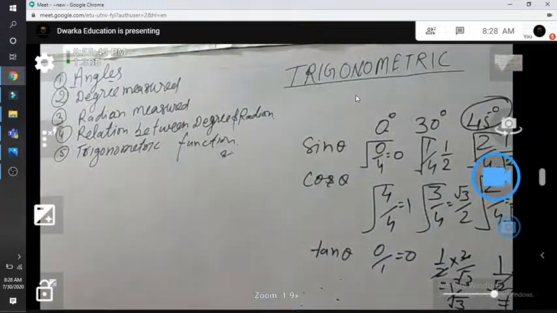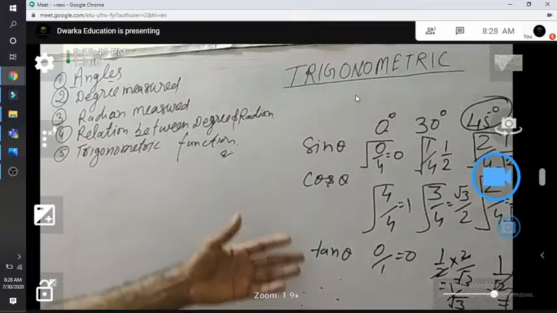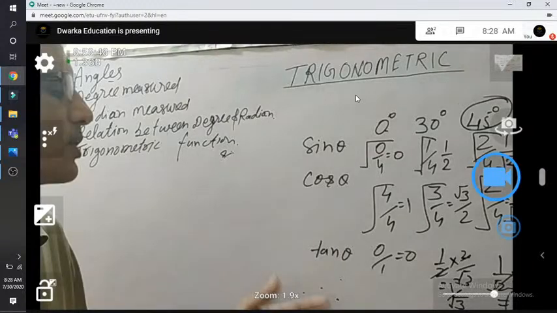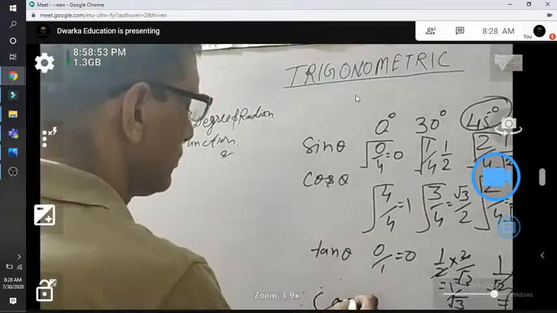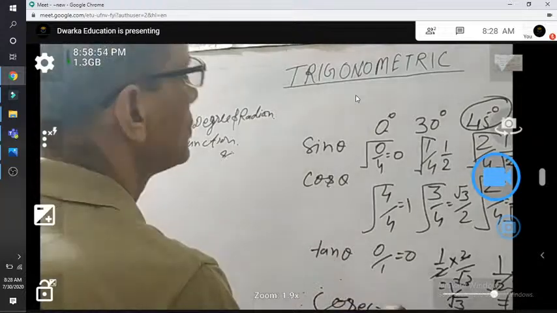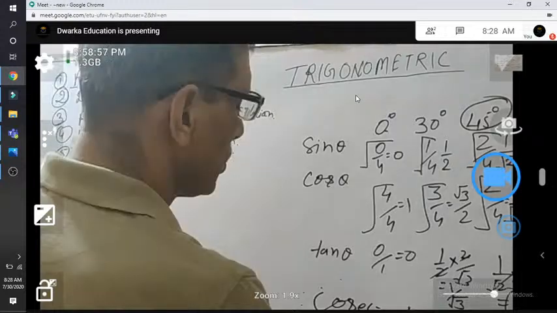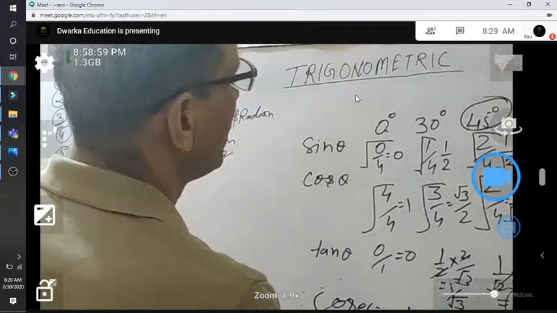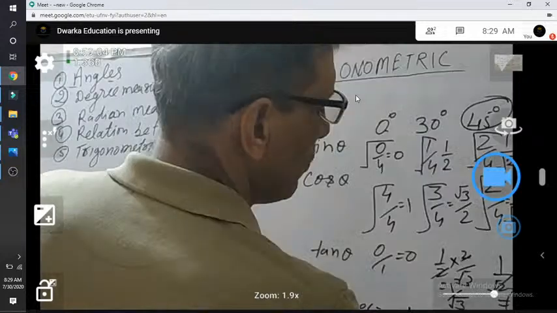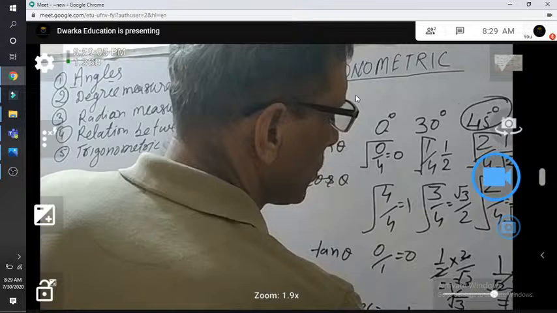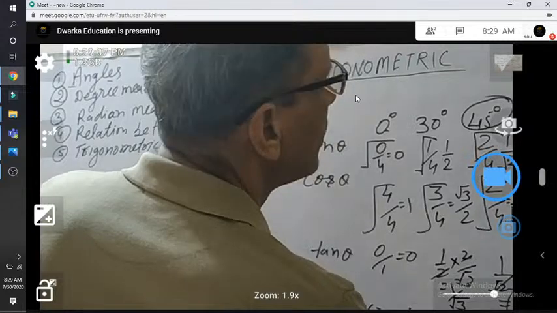And so on, we can find the values of the others. I can tell you about cosecant. 1 by 0 is not defined, then 2, root 2, 2 by root 3, and 1.